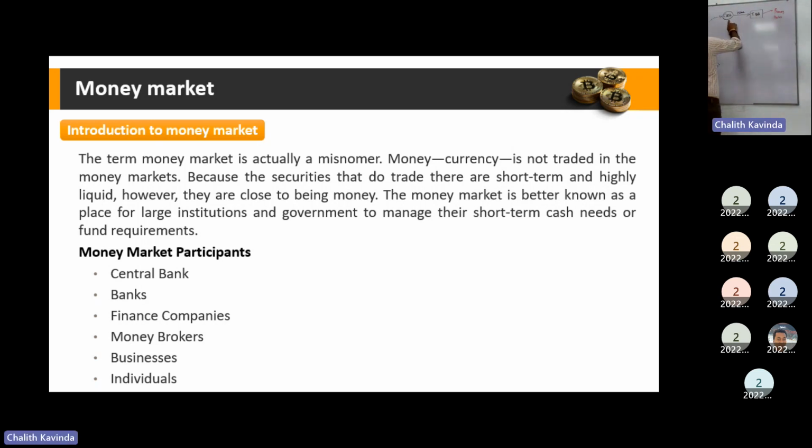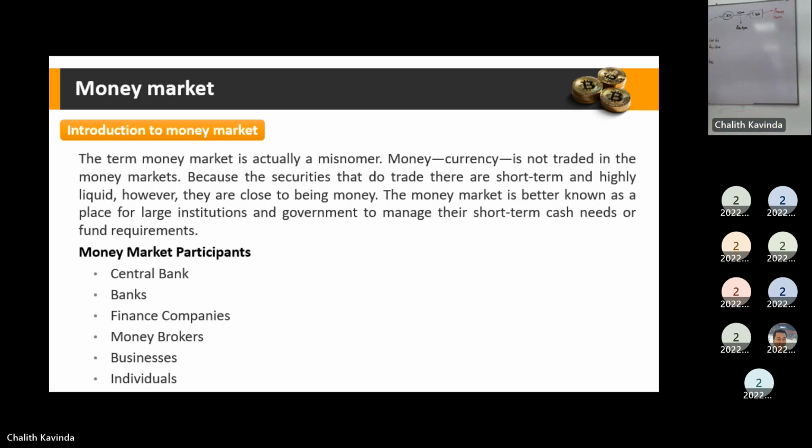Now, when the central bank issues treasury bills to the primary dealers, how do they issue this? It's conducted by a system, and it's an auction.